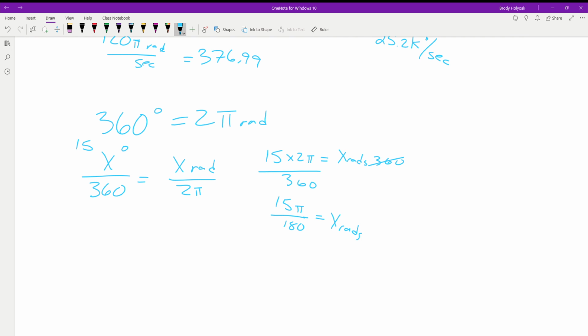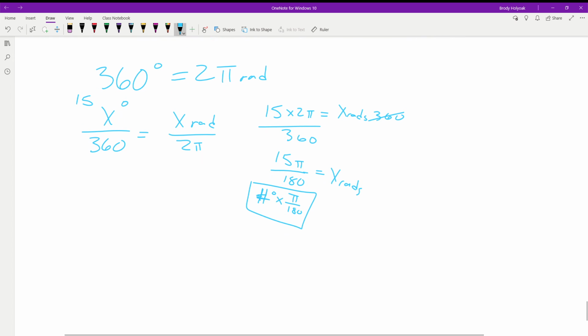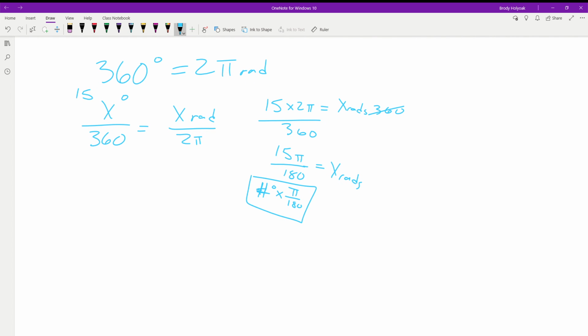So basically, it's the number of degrees times pi over 180 to go back and forth. So this is our conversion to go from degrees to radians. Divide your number of degrees by 180, multiply it by pi. That's degrees to radians.